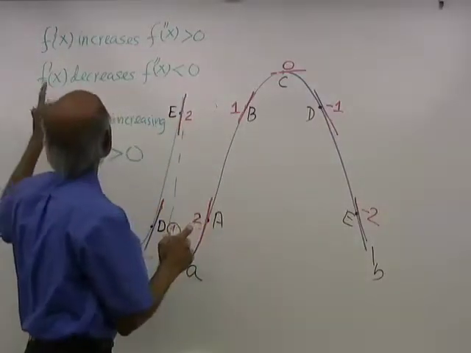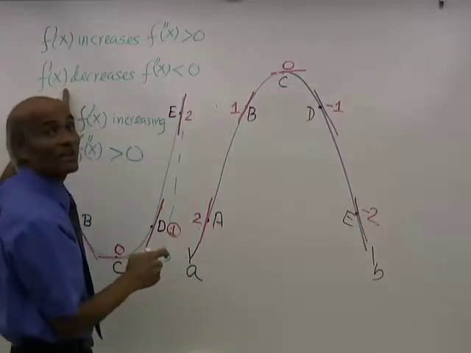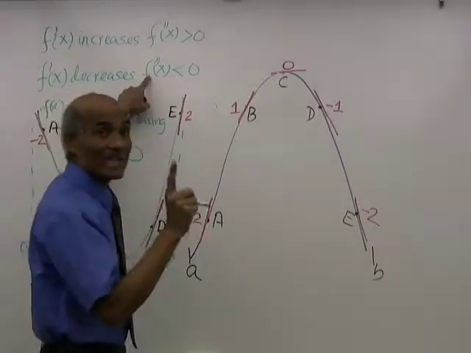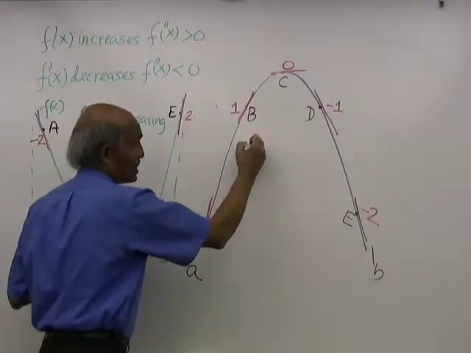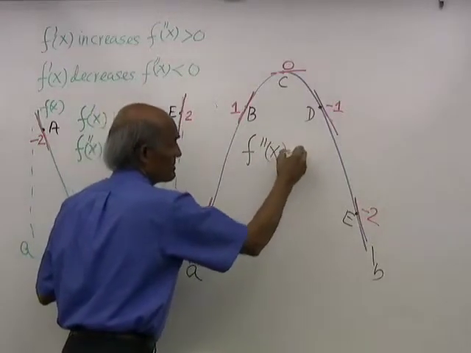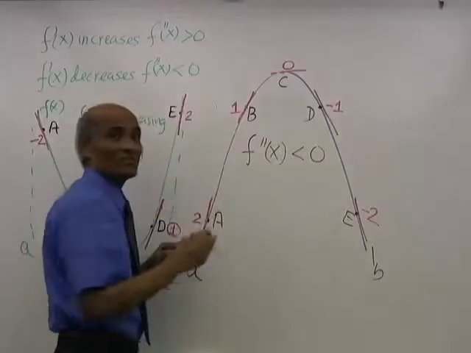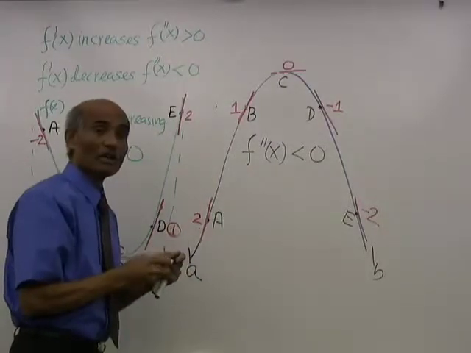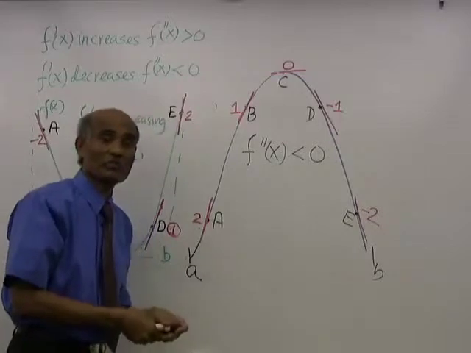If the first derivative is decreasing, how about the second derivative? It will be negative. So in such a case, the second derivative is negative, is less than 0. And therefore, is it reasonable for us to say this?